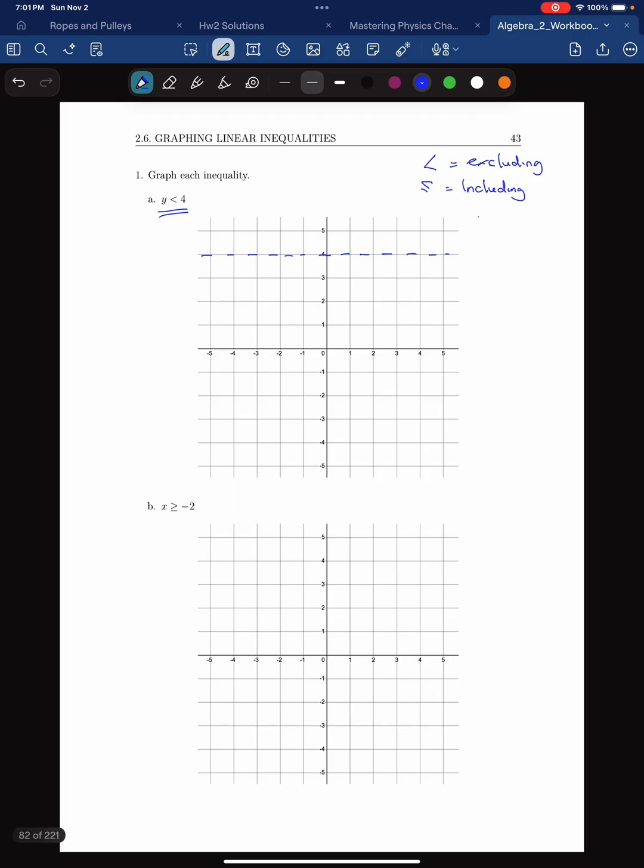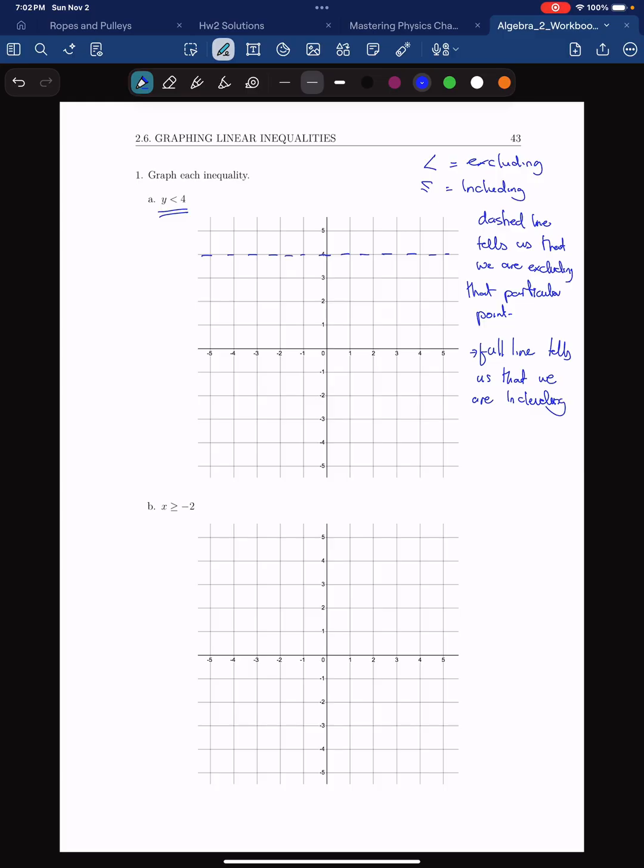A dashed line tells us that we are excluding that particular point, and a full line tells us that we are including.